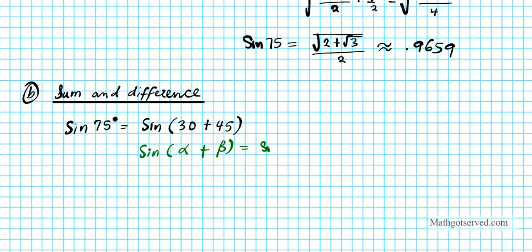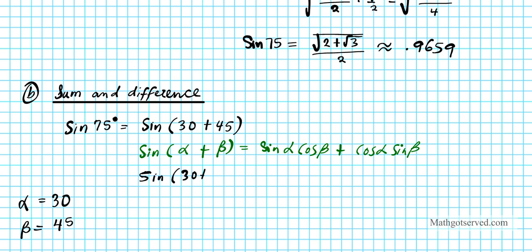Now alpha equals 30 degrees and beta equals 45. Applying this formula to this problem, sine of 30 plus 45 is equal to sine 30 cosine 45 plus cosine 30 sine 45.